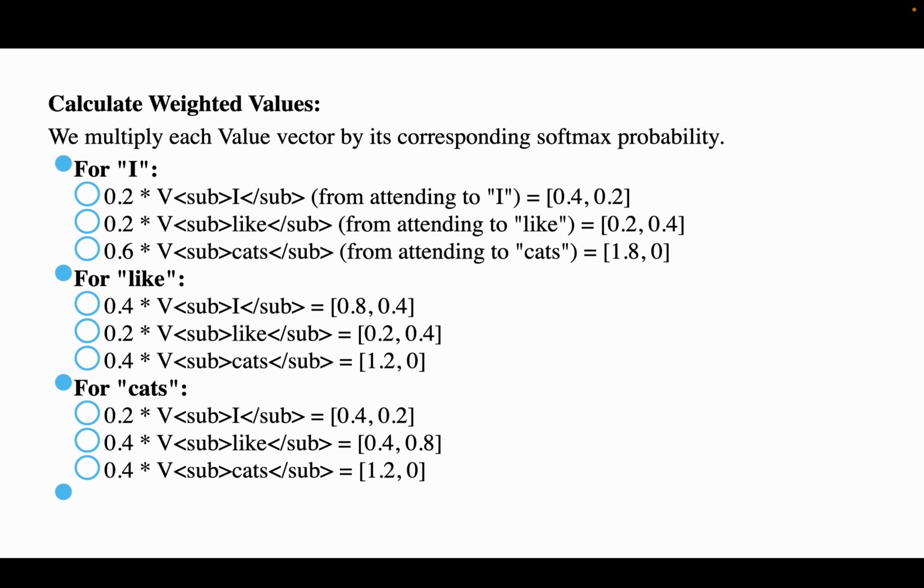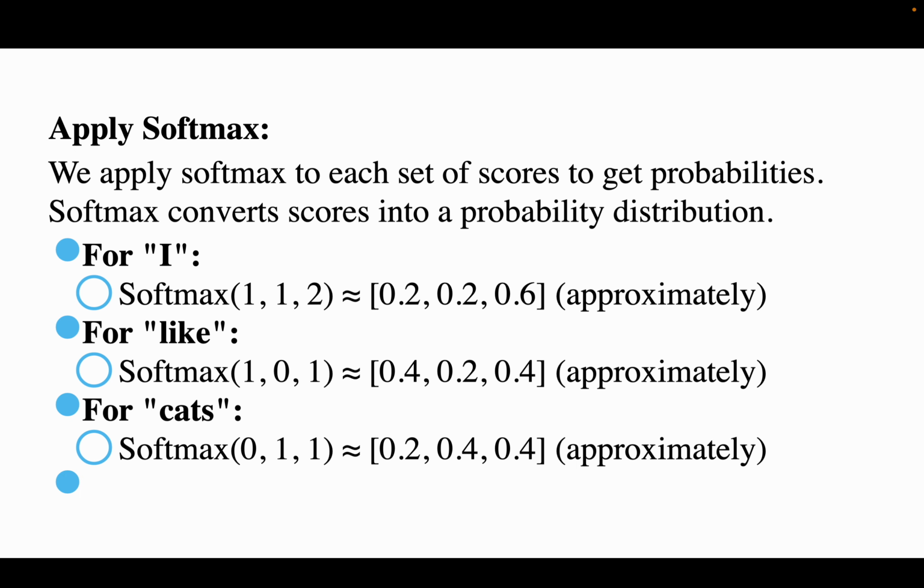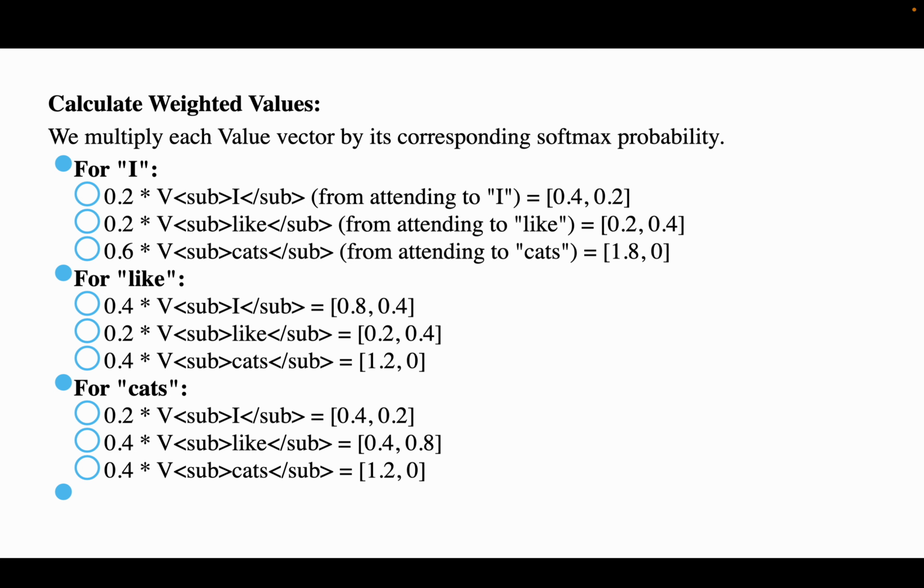Now we have to calculate the weight of every word. So 0.2, 0.2, 0.6 is the softmax for I. We will multiply with the values of I, like and cats: for attending to I how much is the value, attending to like how much is the value, attending to cat how much is the value. Finally we calculate for I, like and cat.